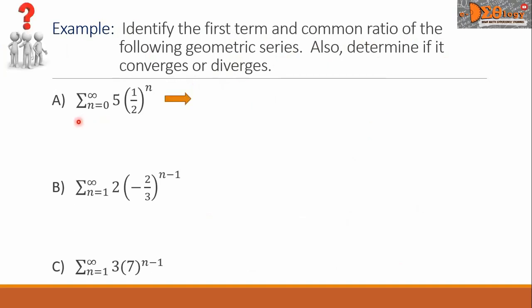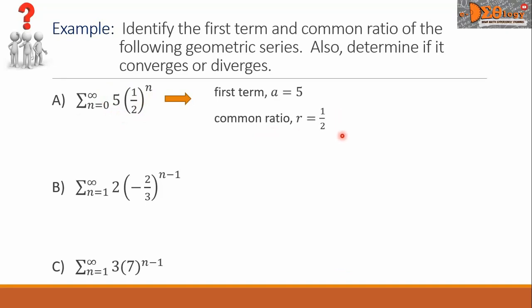Let's start with problem A. Summation of n equals 0 up to infinity. The function is 5 multiplied by the quantity 1/2 raised to n. Here, the first term, which is a, is equal to the number 5, while the common ratio, or r, is equal to 1/2.